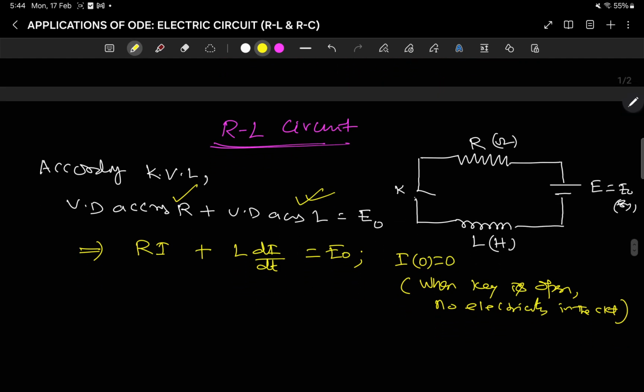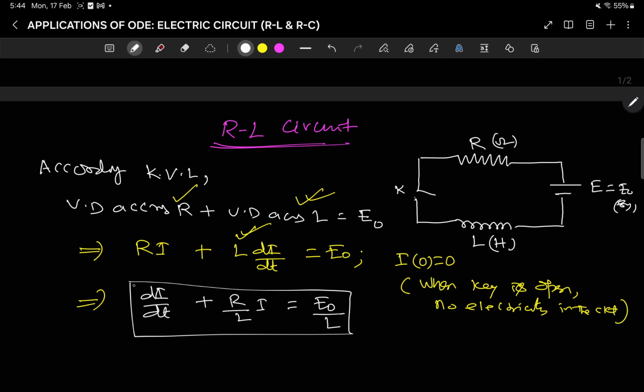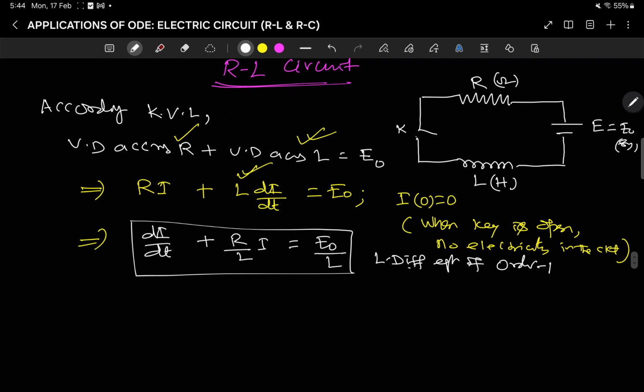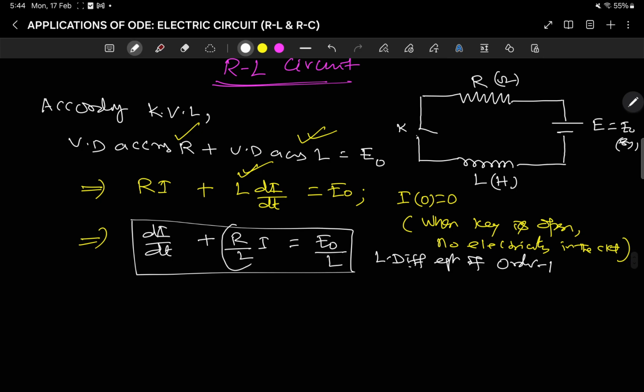Now if you solve it, divide by L. So that means di by dt plus R by L i is E0 by L. You note that this is a linear differential equation of order 1, okay. So now this is P, this is Q, say.